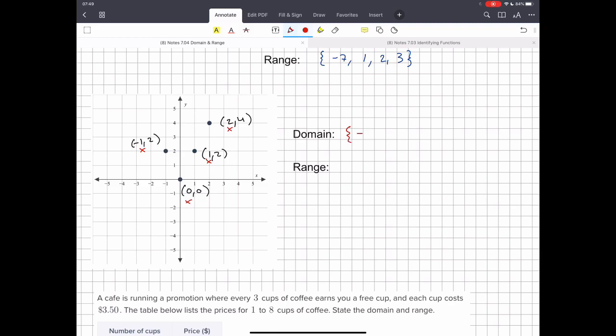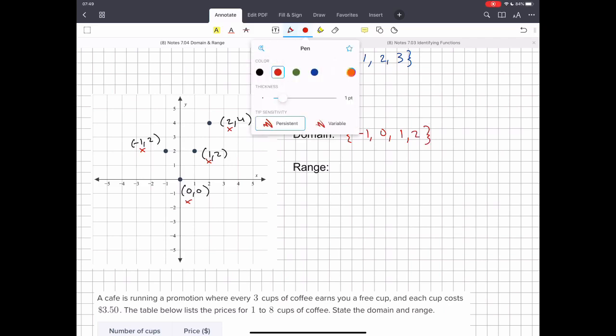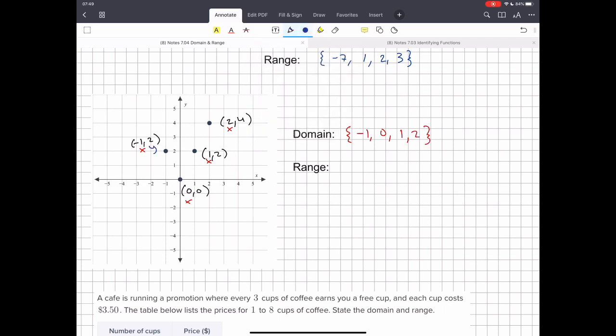In this case, it's -1, 0, 1, and 2. And then I can identify the range, which is my y values, and now remember, least to greatest. It's 0, 2, and 4. So that's how we find the domain and range of a graph.